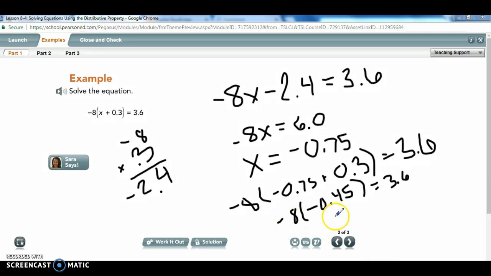Negative times a negative is a positive, and that will give me 3.6. Again, you can use a calculator. I'm okay with that. So now we have to say, is this a true sentence or not? 3.6 equals 3.6. Hopefully you know that's true. So it checks out. We got the correct answer. X equals negative 75 hundredths.